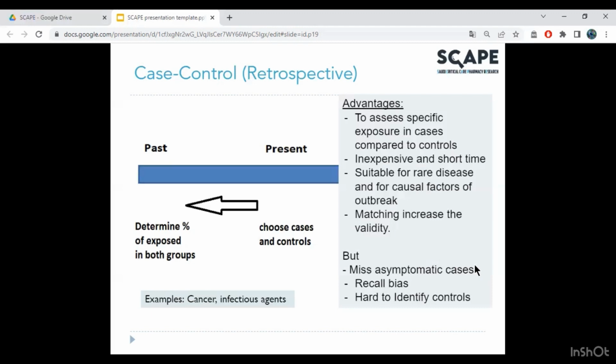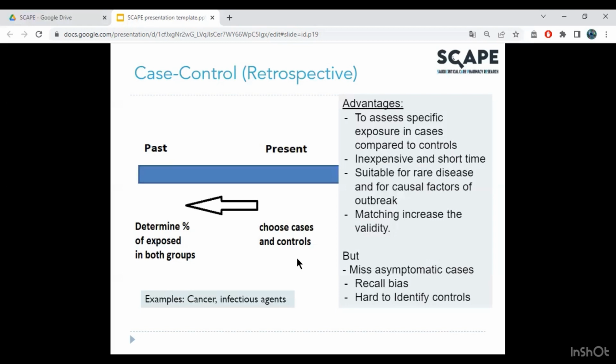If you apply that, then you will miss the asymptomatic patients, right? Or you miss those patients who are in the process of diagnosis but have not reached the confirmed or full diagnosis. And this can also affect the overall picture of the relationship.